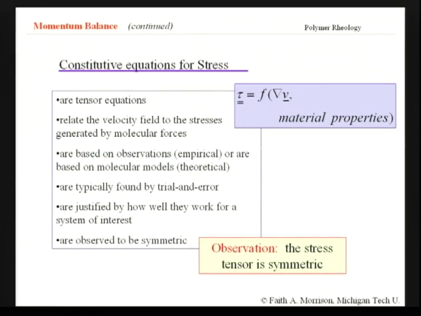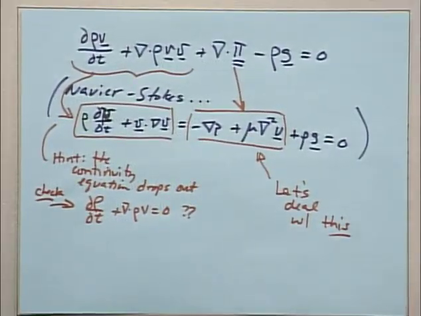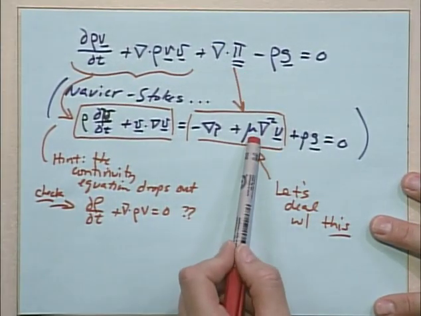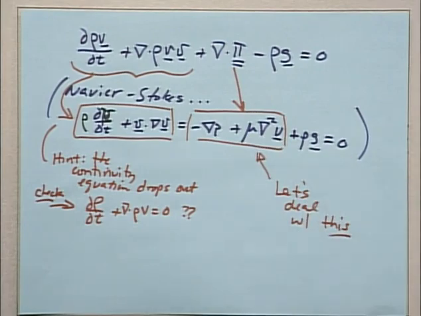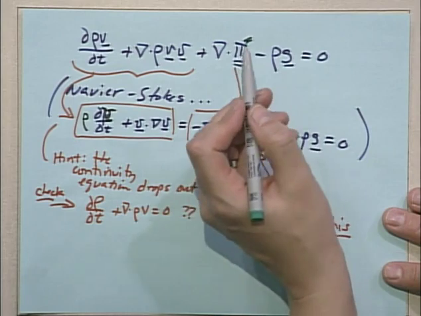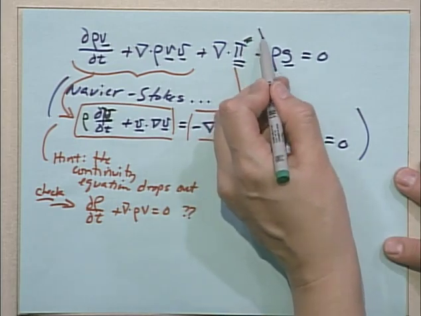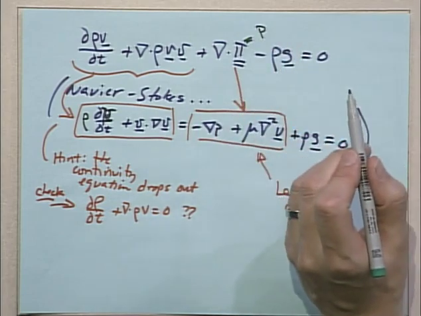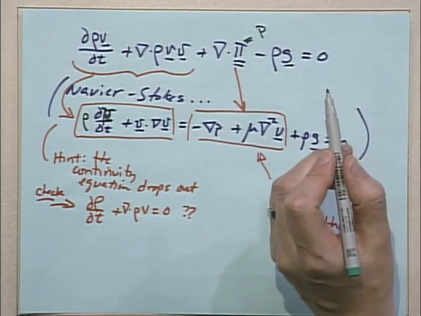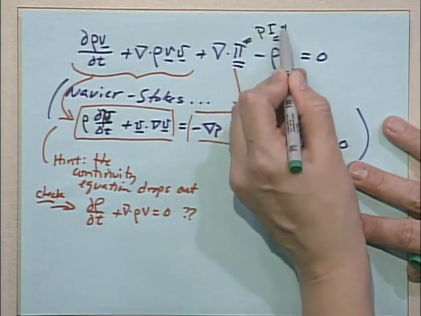If I go back to our derivation of the Navier-Stokes equations, to get from here to here, I can now say that pi is pressure. Let's see, go back one slide. Pi is pressure plus extra stress.